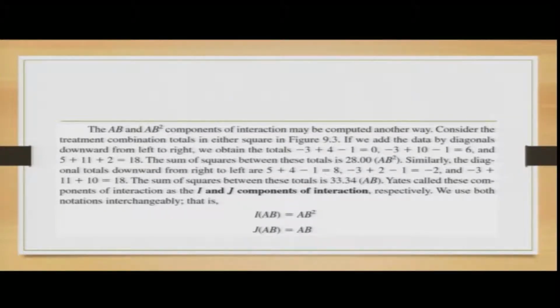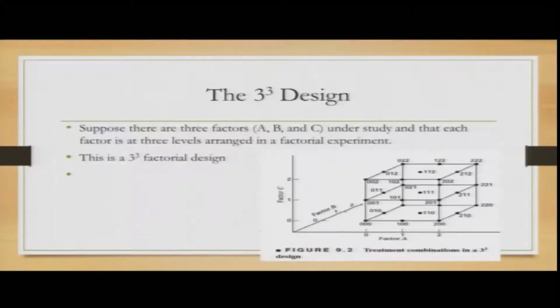Similarly, the diagonals towards the down right from left to right are given as -2 and 18, and you can find it accordingly. The sum of the squares between the totals, which is AB, is 33.34. These are called the components of the interaction, and you can use both notations interchangeably and find out the values, with I as AB square and J as AB only.